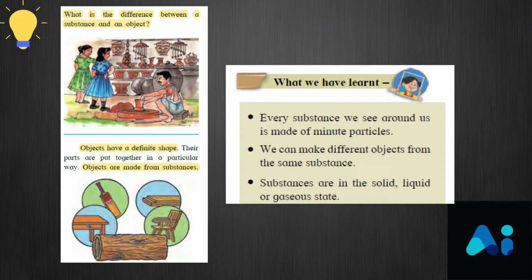For example, now you can see in the picture there is a bat, there is a table, there is a chair, there are wooden sheets in the picture, and they are all made from the same substance, wood. So objects do have a definite shape and they are made from substances, right? I hope you understand the difference now.